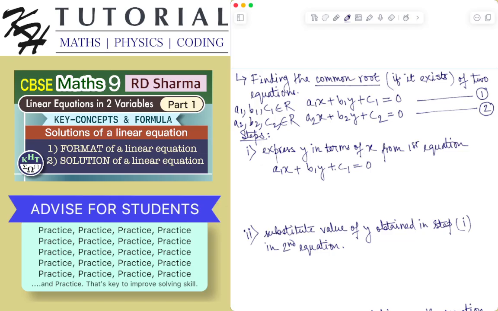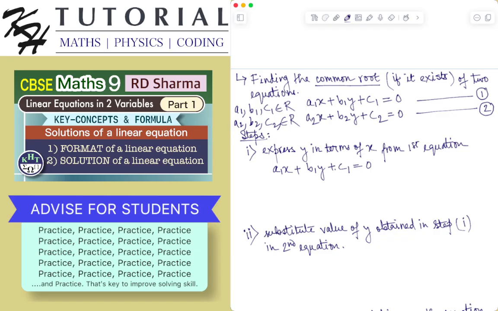In what cases, under what conditions, will depend on the values of the constants a1, b1, c1 and a2, b2, c2. Depending on these constants, the two given equations can have a common root, or they may not have a common root.